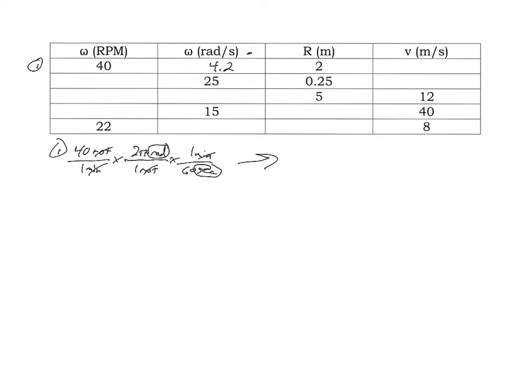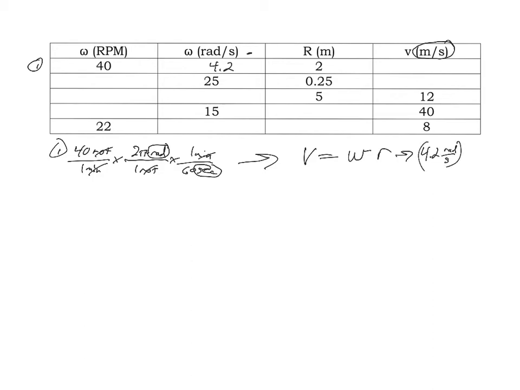We talked in class that linear velocity in meters per second, careful there, equals my angular velocity times radius, which leads me to 4.2 radians per second.